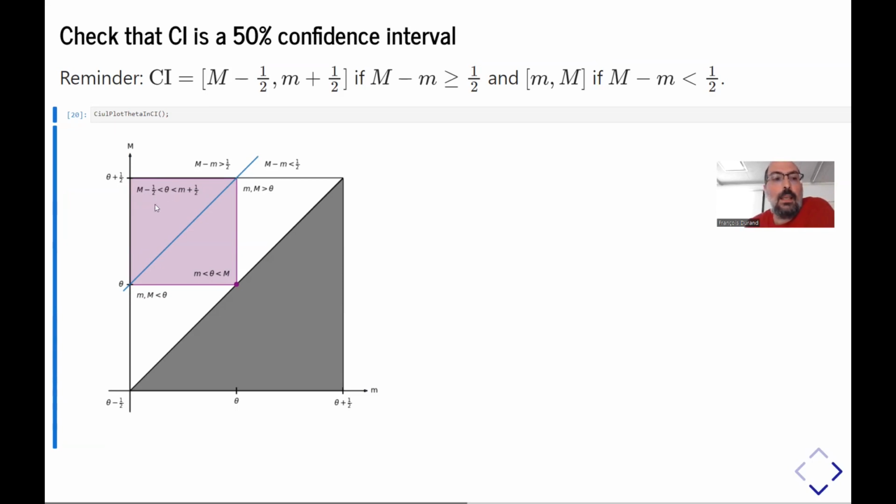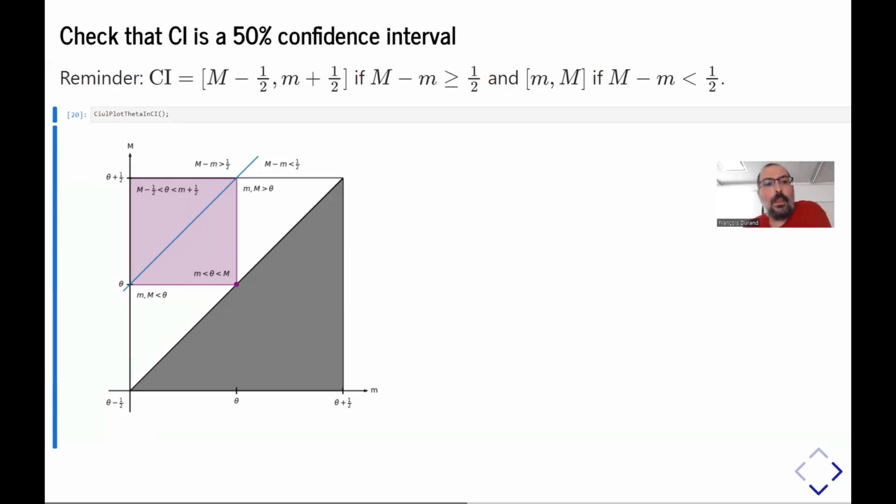Of course, it's the case, because anyway, this interval is the 100% confidence interval. So we know that for big M minus small m greater than 1/2, we are sure that everything will work. And this is what I represented here in purple, the fact that theta is in the confidence interval if the pair small m, big M happens to be in that region.